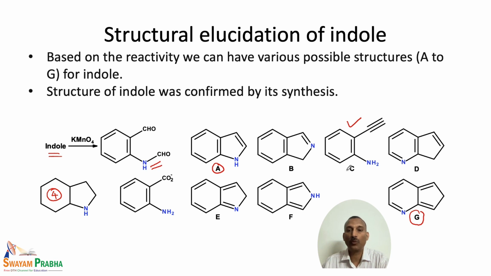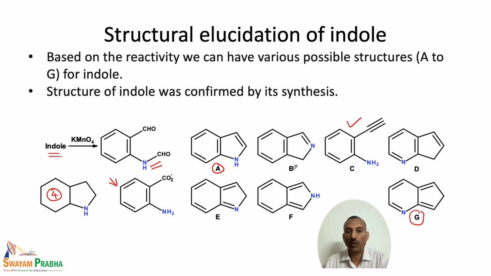The structure C will not give the formamido derivative, and it also gives the decahydro derivative on hydrogenation. The final indole is actually formed from the anthranilate, so the biosynthesis starts from this one. That means it should have an aromatic ring.